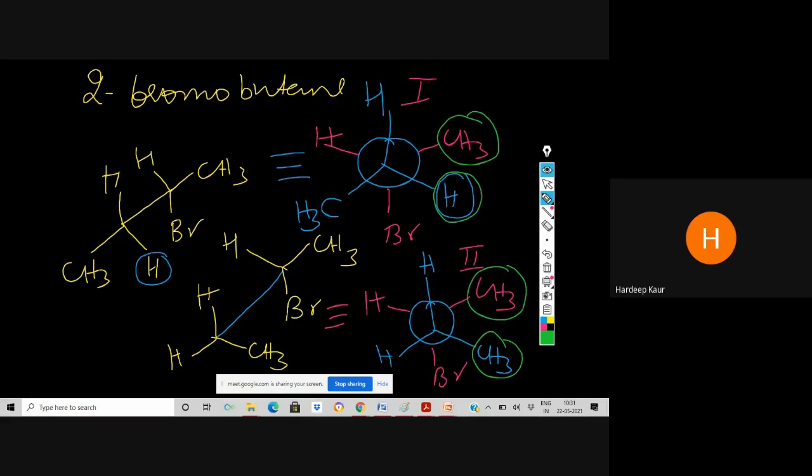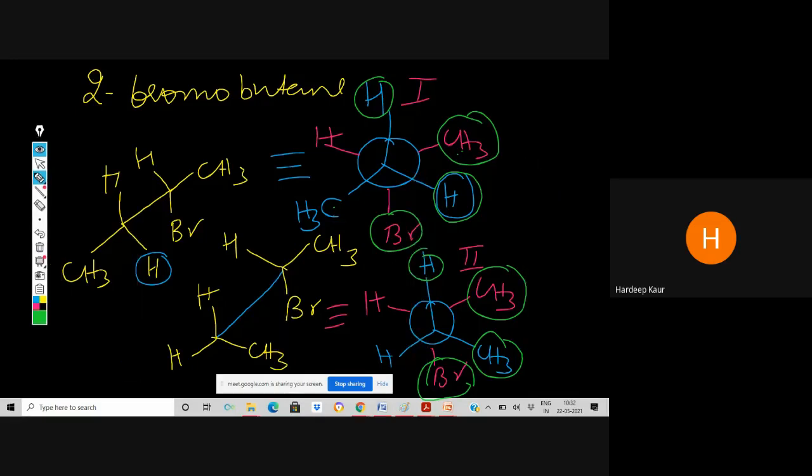Now E2 elimination has to be anti elimination. It means the bromo is on one side, so H will leave from the opposite side. In both cases, H and Br are anti to each other. But the difference lies here: in the second conformation, two methyl groups are gauche, whereas in the first, the two methyl groups are exactly anti to each other. Are you looking at the structure carefully?